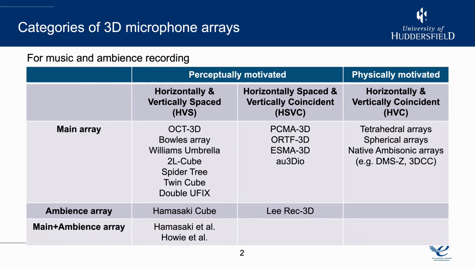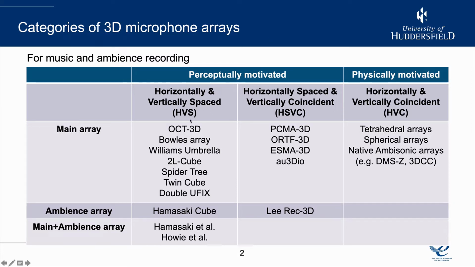The scope of this talk is limited to techniques for music and ambience recording, and it doesn't include arrays designed purely for sound localization or beamforming purposes. In terms of physical configuration, we can broadly split the existing 3D arrays into three groups: horizontally and vertically spaced, horizontally spaced and vertically constant, and horizontally and vertically constant arrays.